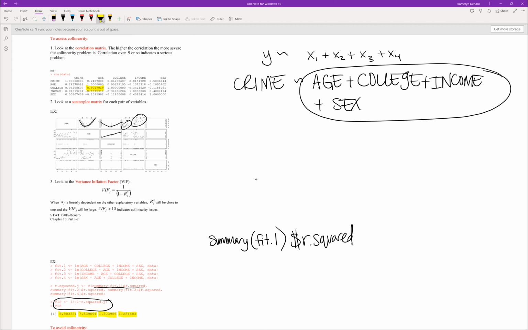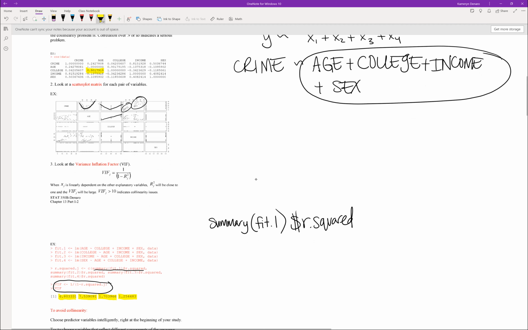So overall, none of them meet that 10 threshold, but we do see that college is getting up; the variance inflation factor is getting bigger and bigger.